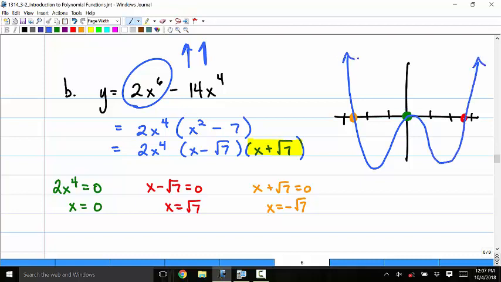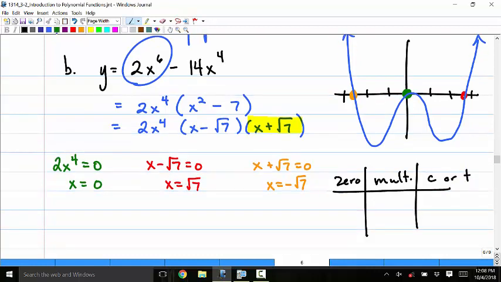All right, so we needed to fill out the table: the zero, the multiplicity, and does it cross or touch? So this one, the zero is 0. What's its multiplicity? 4, x to the 4th.